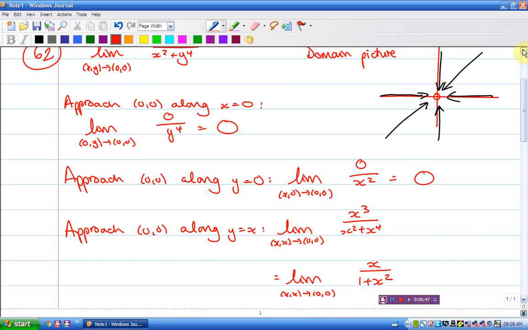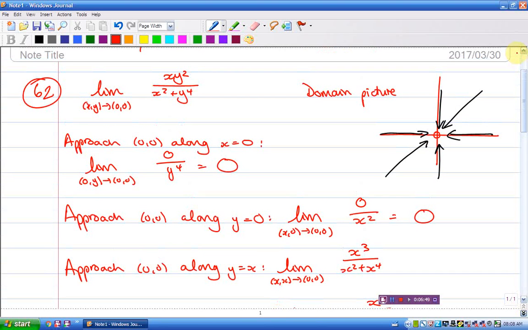So what would that look like in my picture? x equals y squared, that would look like that if I were drawing it in the picture. Look, you don't need a domain picture. I like a domain picture because sometimes these problems that you get can be trickier. These three that I'm working through are really pretty standard problems.